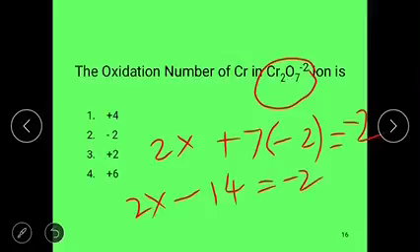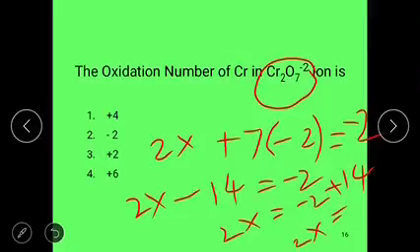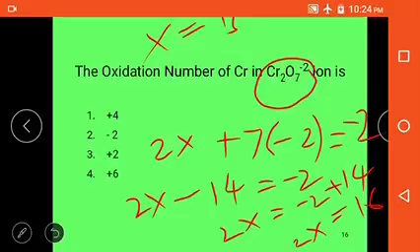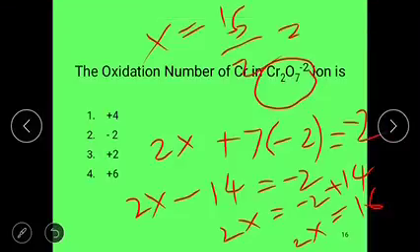Then 2x equals minus 2 plus 14, then 2x equals 16, then x equals 16 by 2, equals 8. But x equals 8 is wrong.